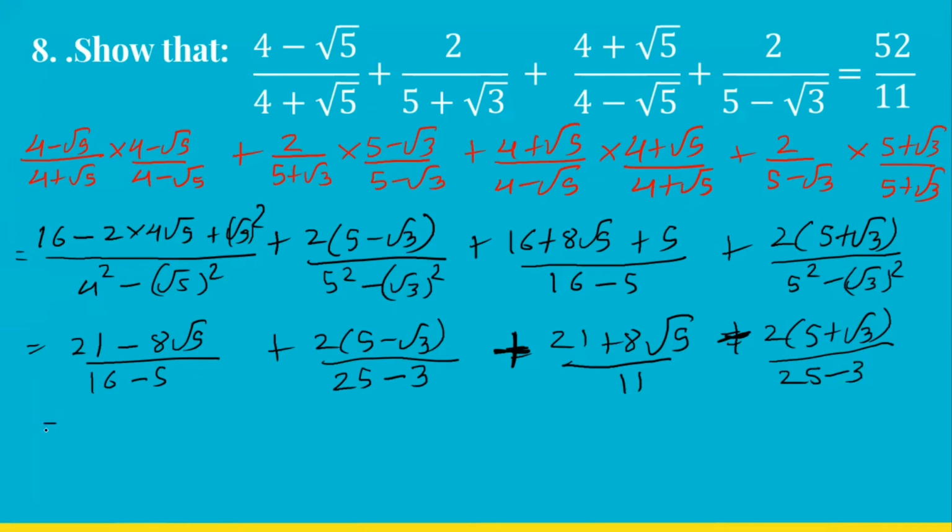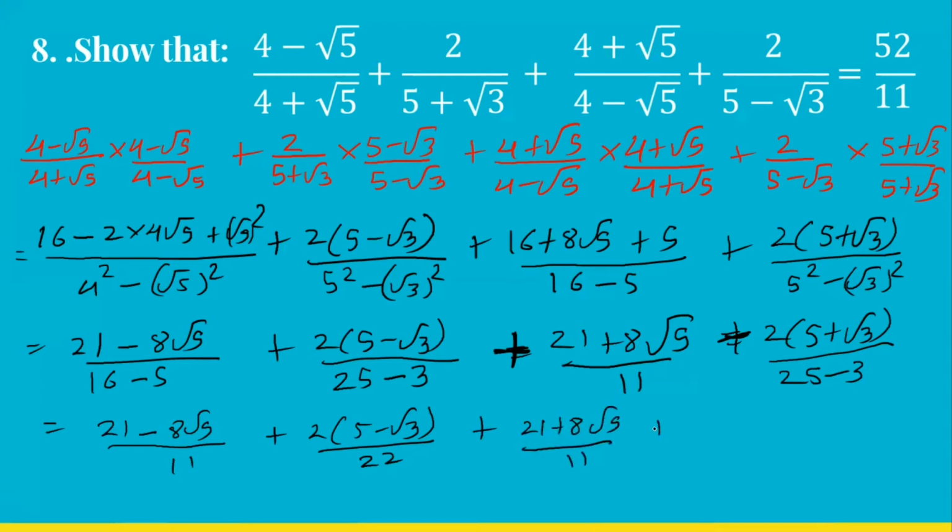So let us write this. We get 21 minus 8 root 5 upon 11 plus 2 in bracket 5 minus root 3 upon 25 minus 3 is 22, plus 21 plus 8 root 5 upon 11 plus 2 in bracket 5 plus root 3 upon 22.